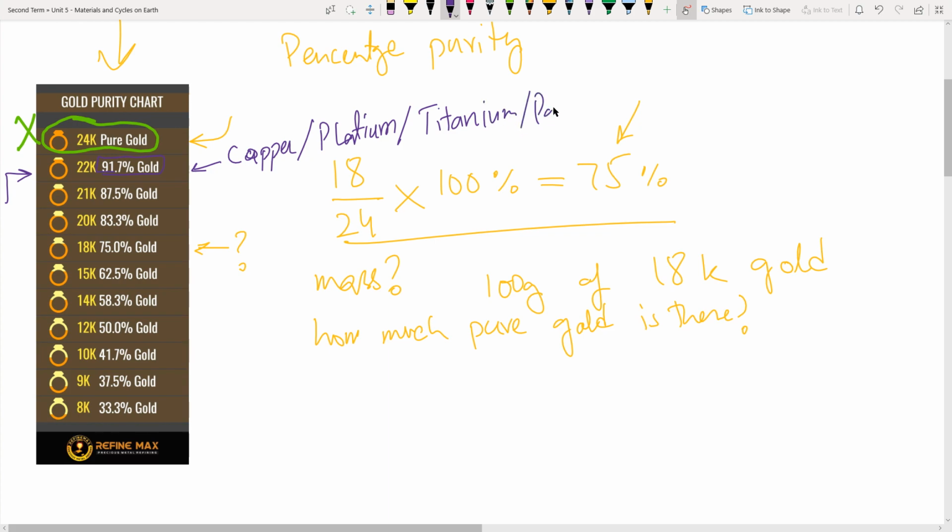We use palladium as well. Some of these metals do not affect the shiny nature of the gold, the ornamental value of the gold. We add these metals to make it stronger, so that we can make articles like bangles and whatnot. As you can see, the more the carat drops, the percentage changes dramatically.